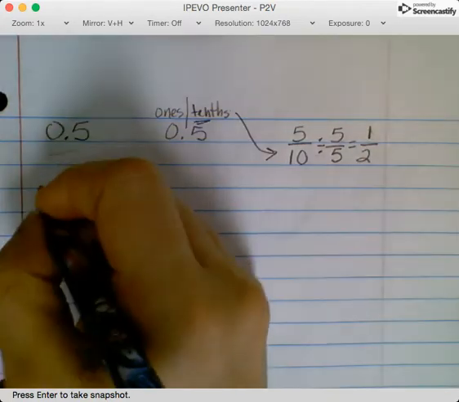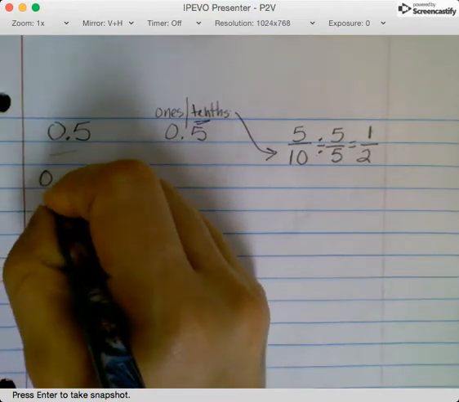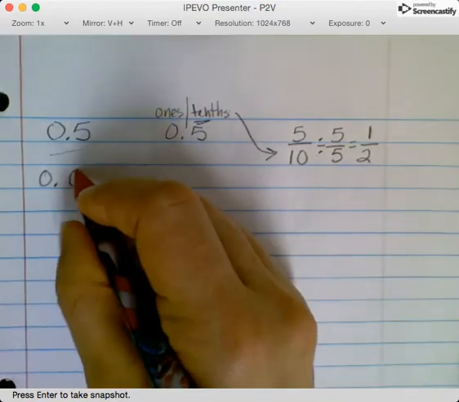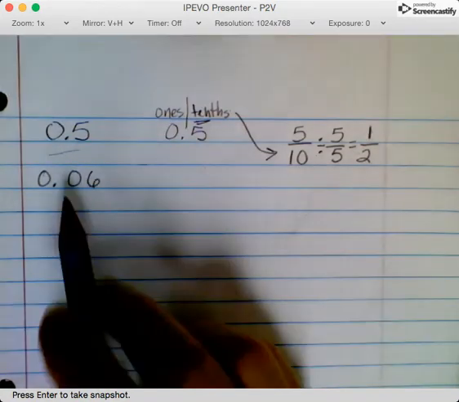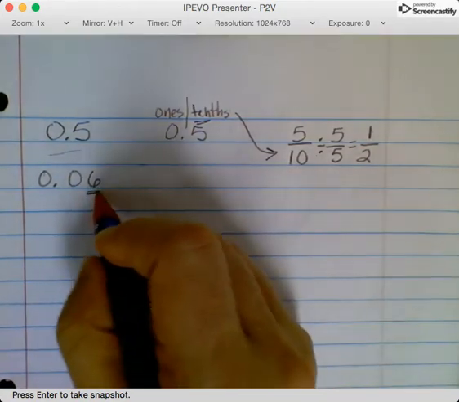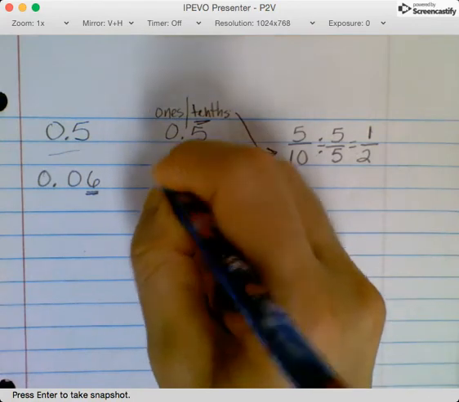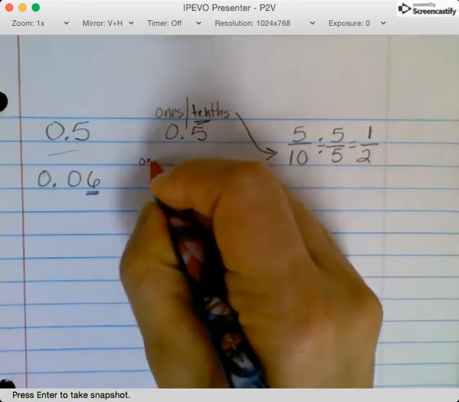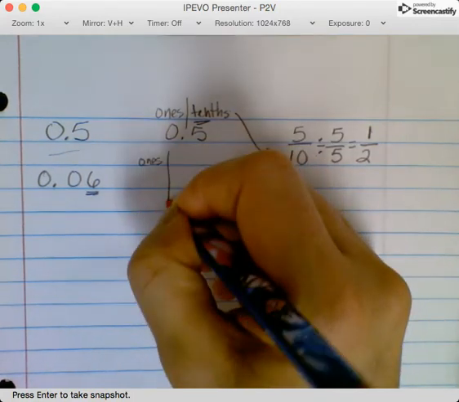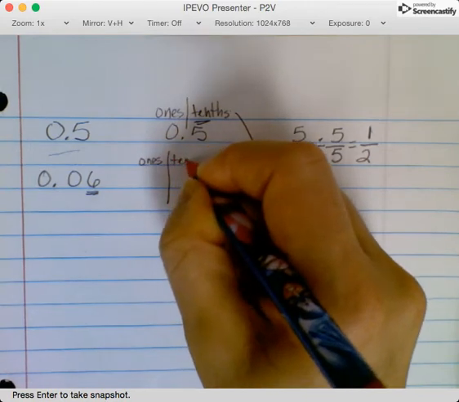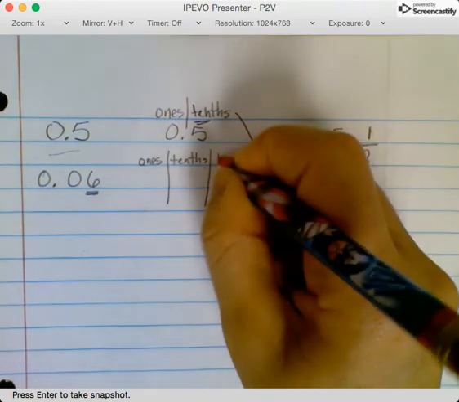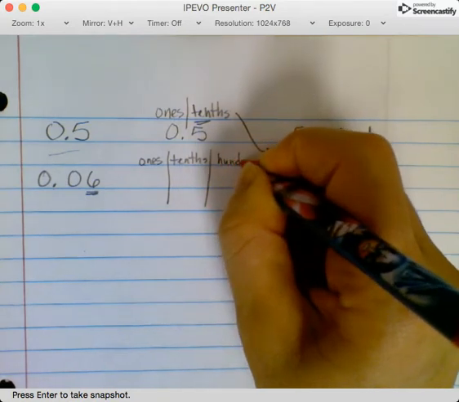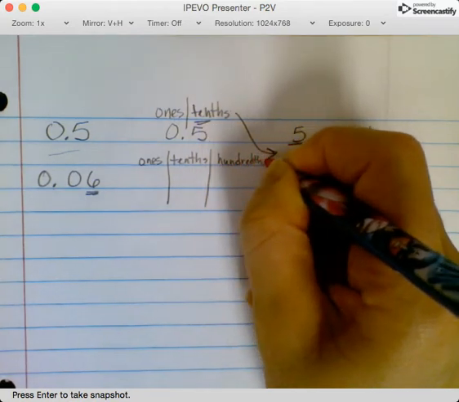Another example. So this time, I've put the 6 in the hundredths place. So we have our ones, tenths, hundredths.